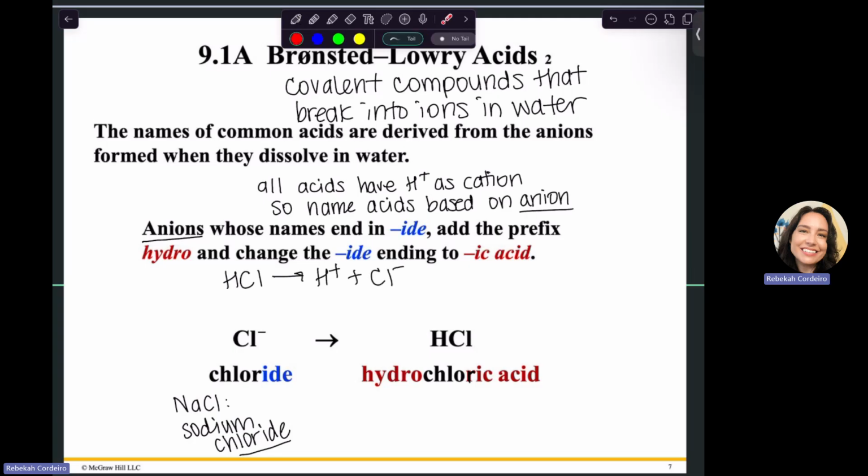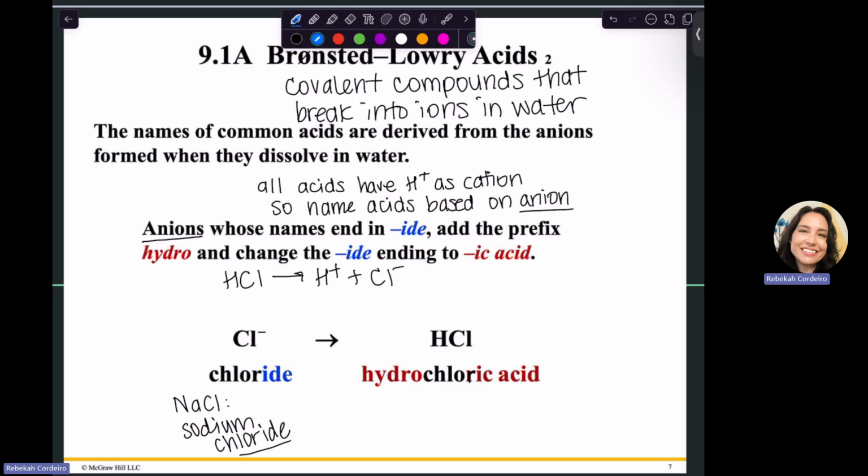And we know that in real life that H plus is H3O plus, but for the purposes of just writing and naming it, H plus and the other thing is the easiest way to think about the formula, because H3O plus is not going to be in the formula. And so that's our anion. What is that called? If you're unsure, put it with sodium. Oh, that's chloride. So we say if it ends in "ide," hydro-ic acid.